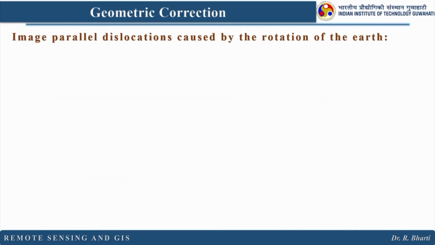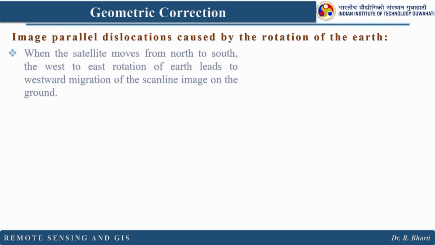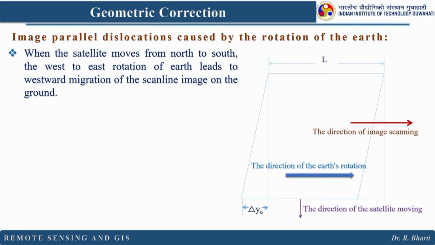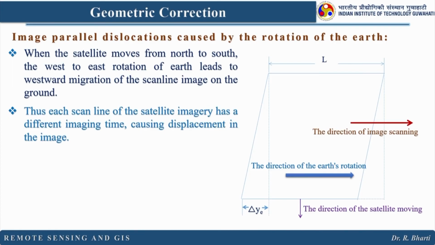All these details are written here, you can go through this. Image parallel dislocation caused by the rotation of the earth. When the satellite moves from north to south, the west to east rotation of the earth leads to westward migration of the scanning image on the ground. You have already seen that in the previous slide, how the image looks when there is a change.